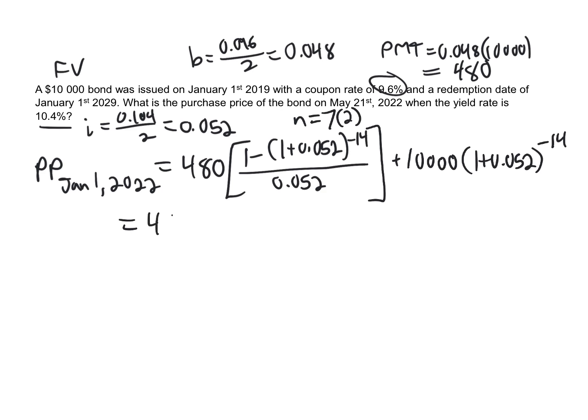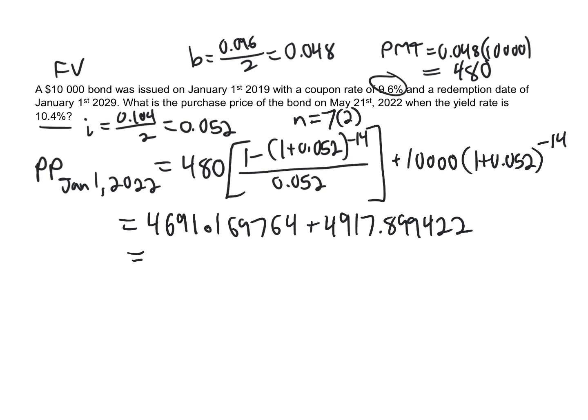This gives us the result, and you'll notice this time I'm keeping lots of decimal places. This is because we're doing further calculations with it.